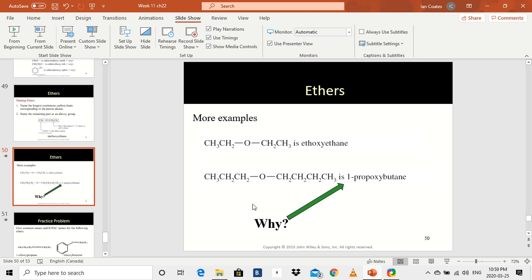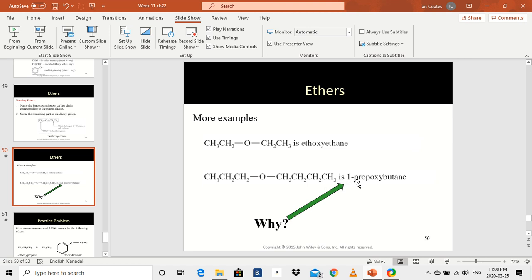Okay, have a look here. I've got a propyl group, and here I've got a butyl group. So this would be propoxybutane. I wouldn't ask this on a test like this, but you see why this can get complicated.